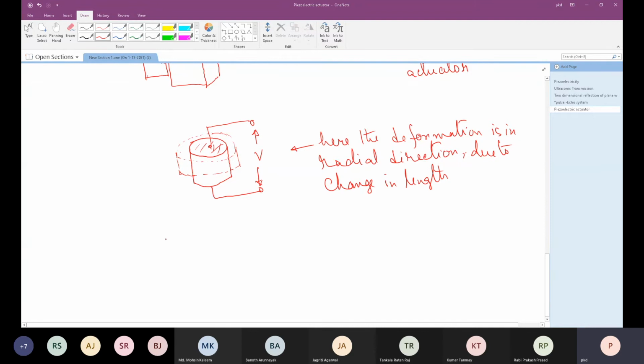Actuators can be stacked together to have a large effect.